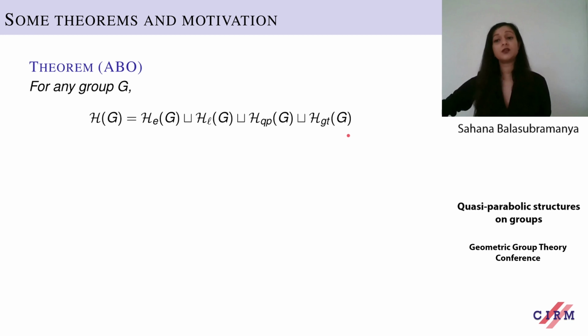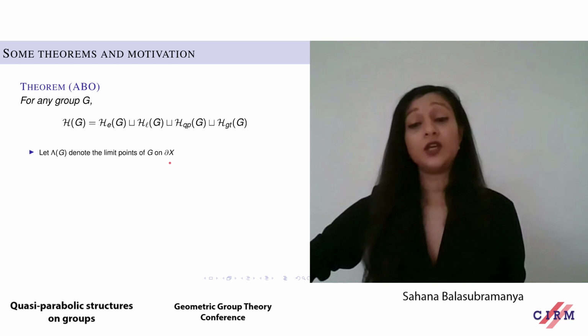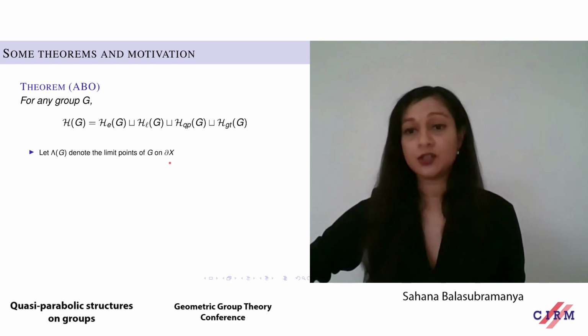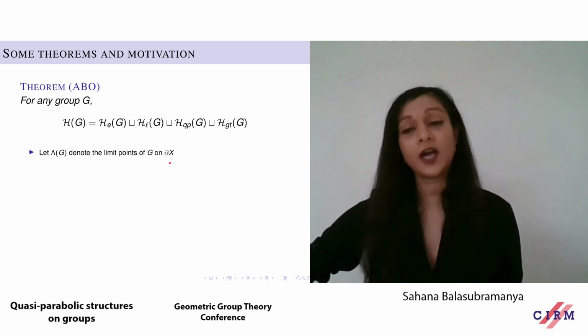So in Gromov's work, you have a group G that's acting on a hyperbolic space X, and our hyperbolic space comes equipped with a boundary. And we consider the limit points of the action of our group on the boundary of this space. And we know that this action can therefore look like one of 5 different kinds of actions, which are essentially characterized by what this set of limit points looks like.